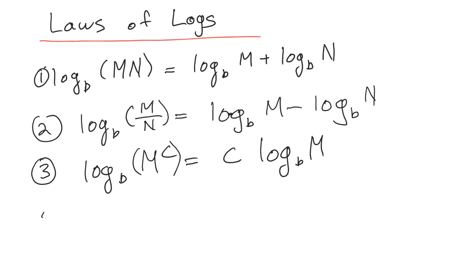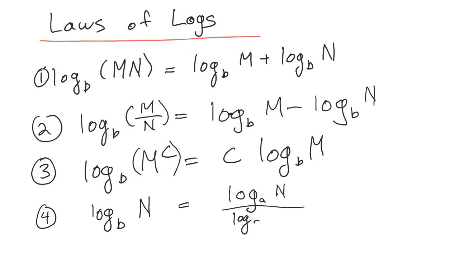The fourth part of this says that if I have the log base b of n, it is equal to the log of a n divided by the log of a to the b, and we're done. That's it. We'll go over these examples to come up with solutions, okay?